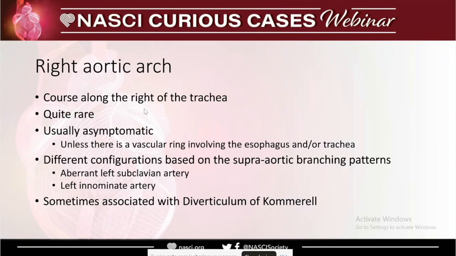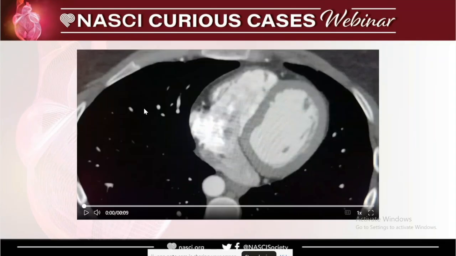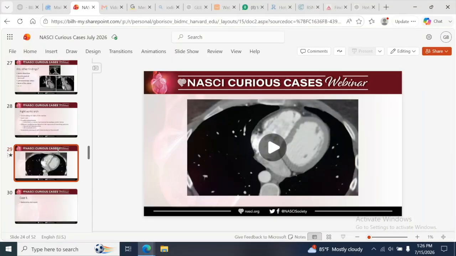So we have a few configurations based on the subaortic branching patterns, and that's what I mentioned. It can be either an aberrant left subclavian artery, or it can be a left innominate artery, and this really is case by case. And this finding is sometimes associated with the diverticulum of Kommerell. And I have to show you this way.